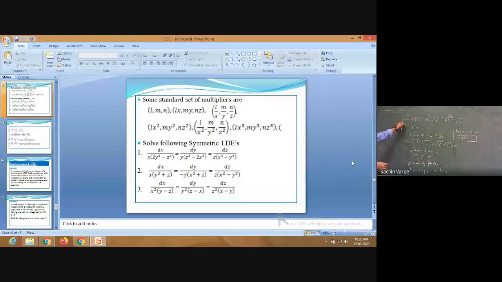I'm multiplying by x cube, y cube, z cube and multiplying inside also to each term. So please check. This will get cancelled with this x raised to 4. Okay, it is 2 times.